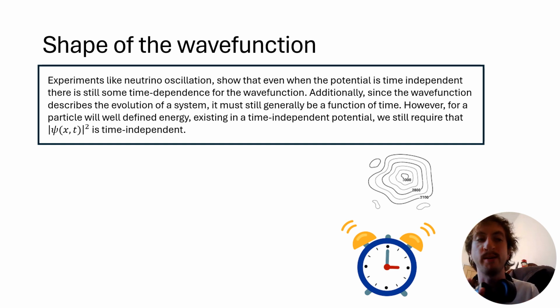And obviously, if you have a time-dependent potential, you're free to have a time-dependent wave function, such as when you're considering particle interactions and things like scattering. However, for our purposes, we're going to only be concerned with particles with well-determined energy, such as electrons in a stable state in an atom, and we're going to assume that the potential is time-independent, again, like for electrons in a stable state in an atom.